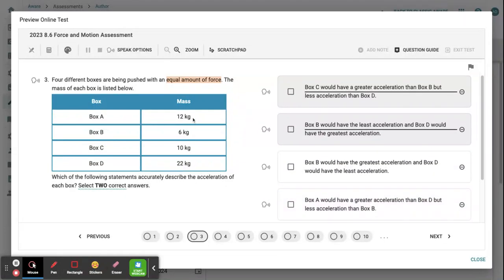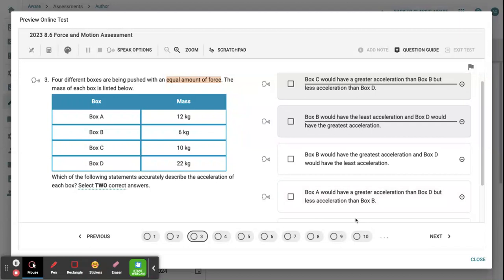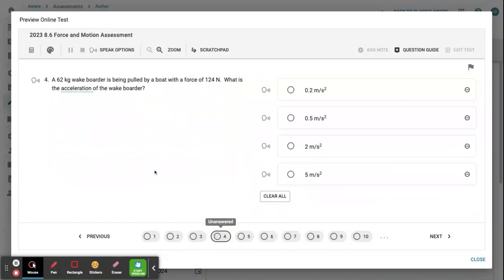Box A would have a greater acceleration than box D, so yes, because it's less mass, but less than box B, so that's also true. So these are your two correct answers. So when it comes to questions like this, you just have to do process of elimination. That's the only way you're going to make it through these questions. Cross off the ones you know are wrong.